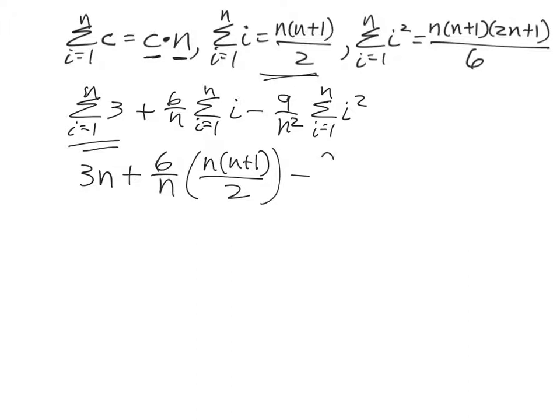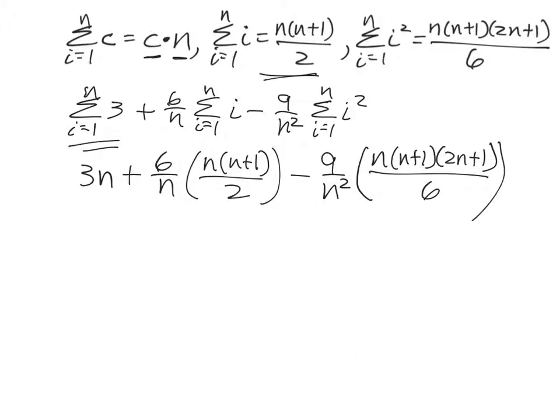And then finally our summation of i squared times our 9 over n squared. So we'll have n times the quantity n plus 1 times the quantity 2n plus 1 all over 6. And this will now turn all of the summations into terms of just n.